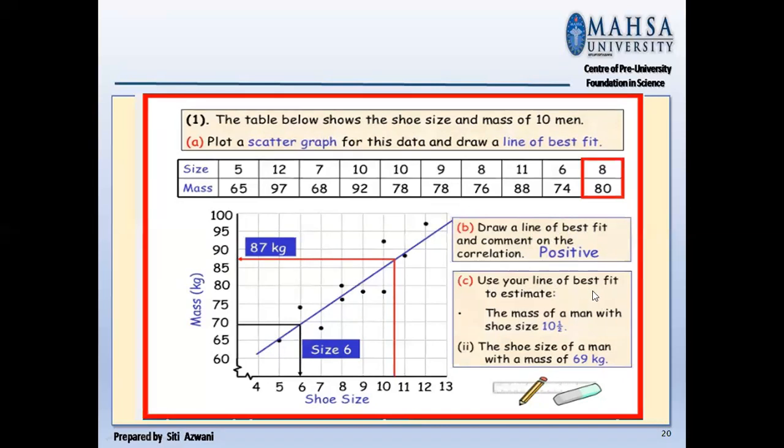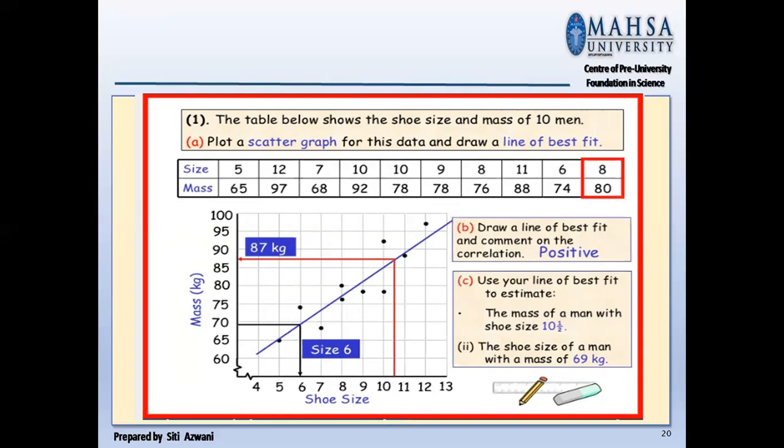Use your line of best fit to estimate. You can use the line. You may have a question: the mass of a man with shoe size 10.5. From the graph, you have 10.5 here, and from this point you can see the value of the mass of a man.